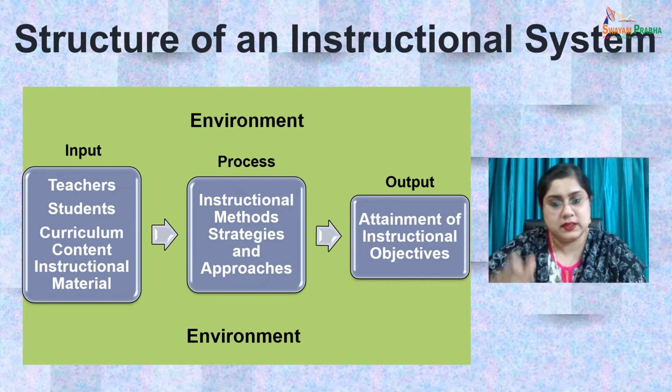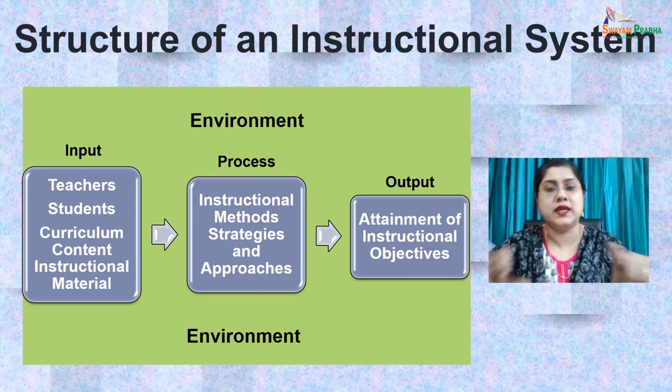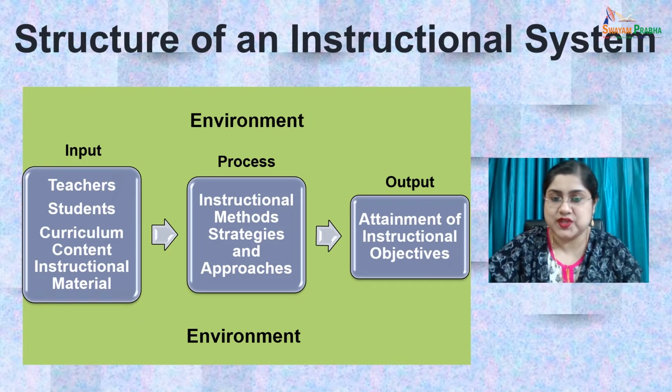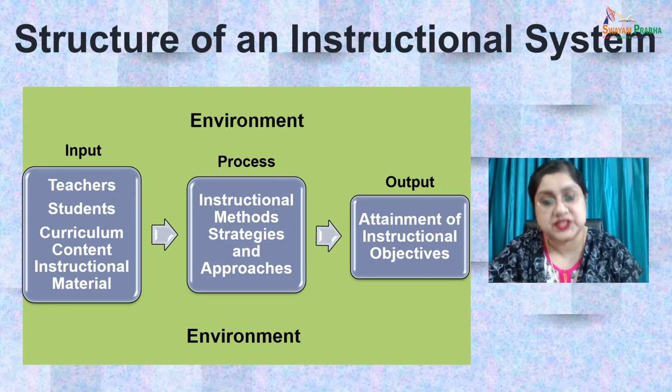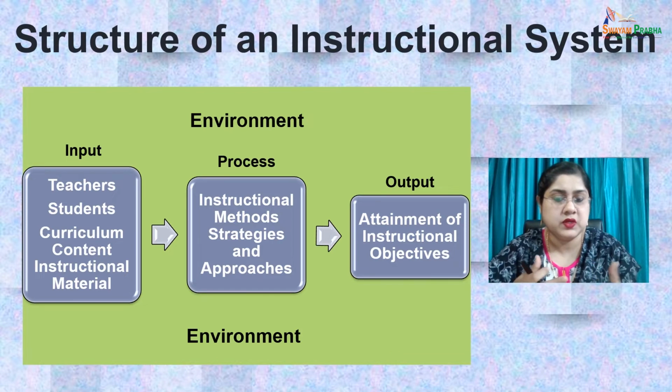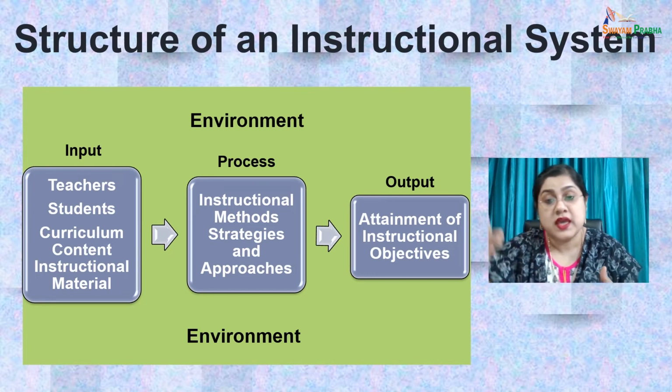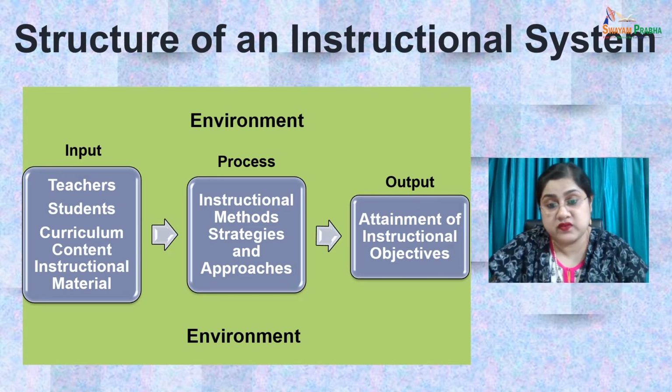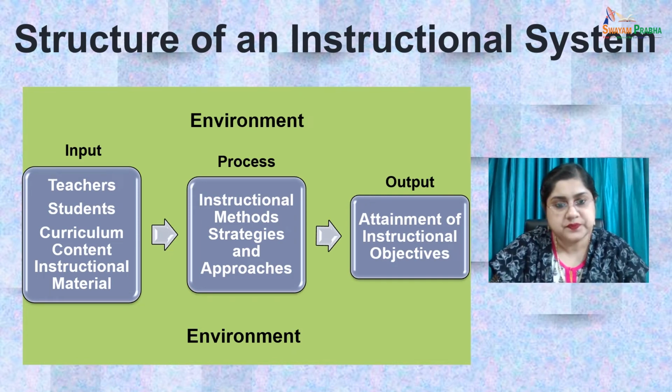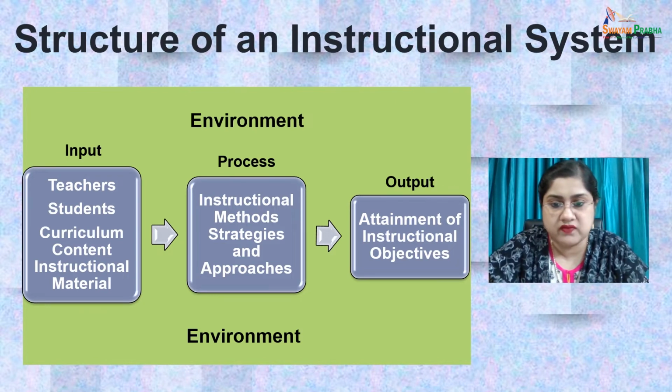So input, then the process, then the output, and the surrounding environmental constraints or environmental conditions, which are very important because they can make this structure very useful or successful, and they can also make it unsuccessful, because if there is an adverse environmental condition, then the entire structure is going to be disrupted. So this is the basic structure of an instructional system.